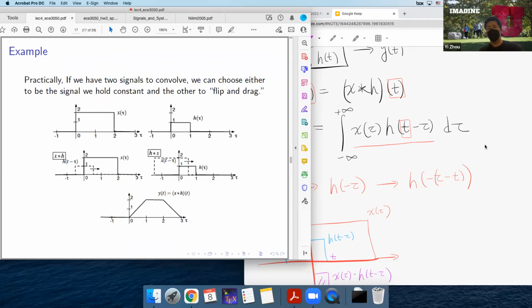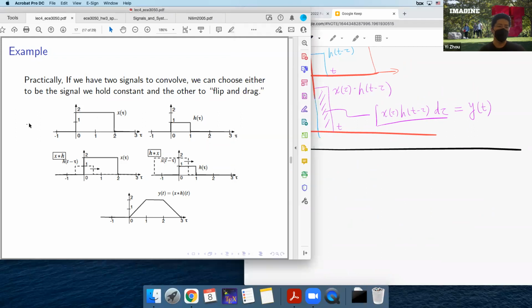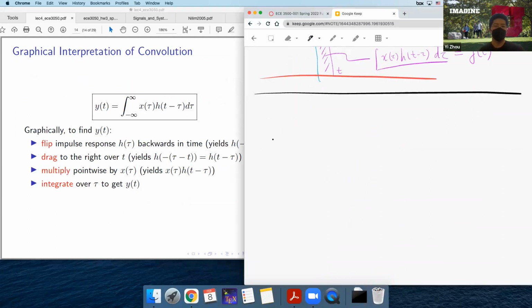Okay, and now we can look at one practical example. Let's go back to the definition of convolution. If I give you that x(t) is e to the negative t times u(t), and h(t) is e to the negative 2t times u(t).